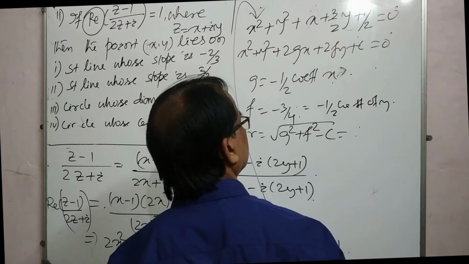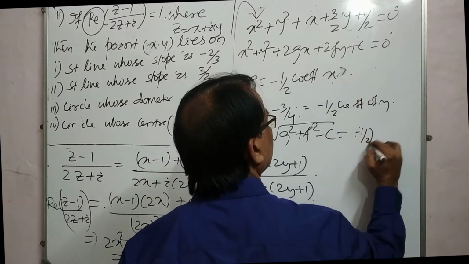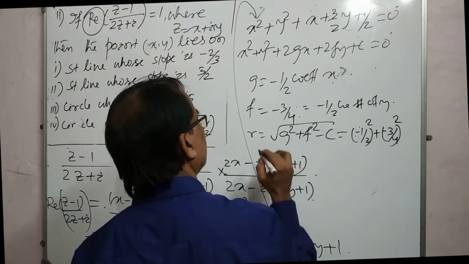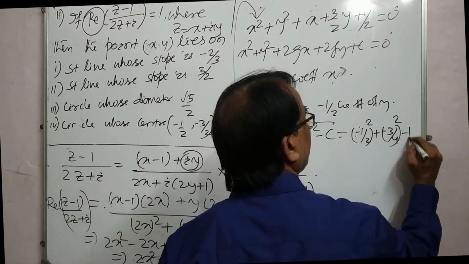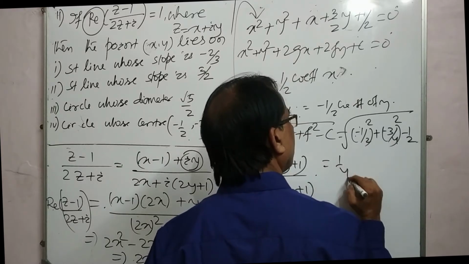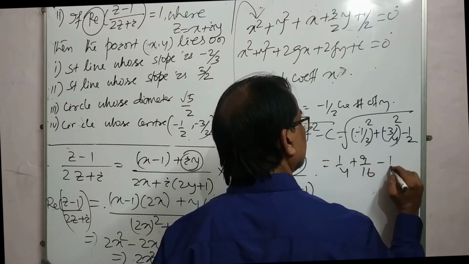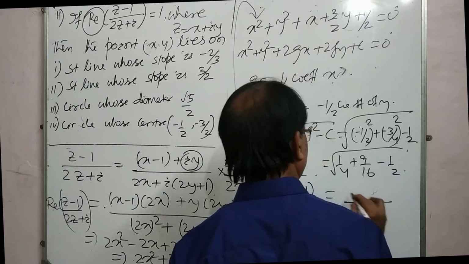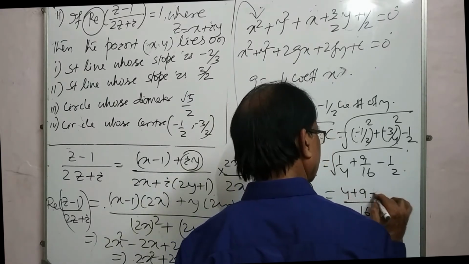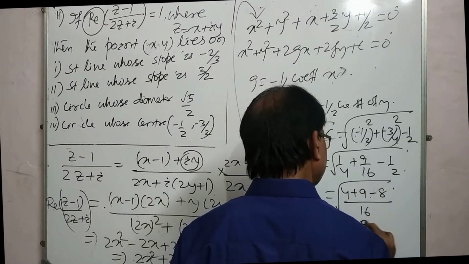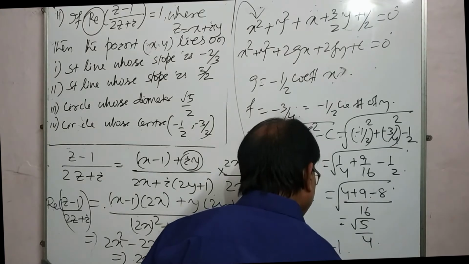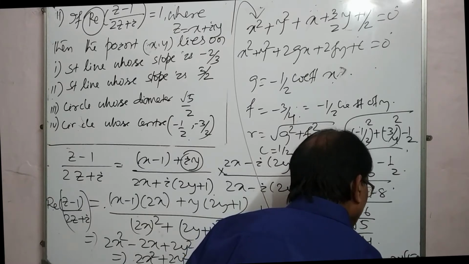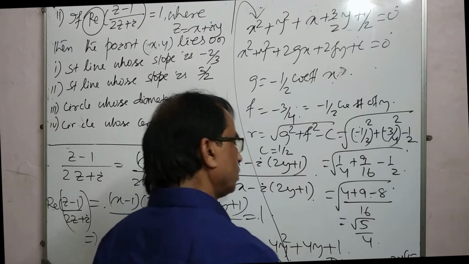Now the radius is the root of g squared plus f squared minus c, that is minus 1 by 2 whole squared and minus 3 by 4 whole squared, and c is equal to 1 by 2, that is root over 1 by 4 plus 9 by 16 minus 1 by 2, and this is root 5 by 4, and diameter is equal to 2 into radius, that is 2 into root 5 by 4, that is root 5 by 2.